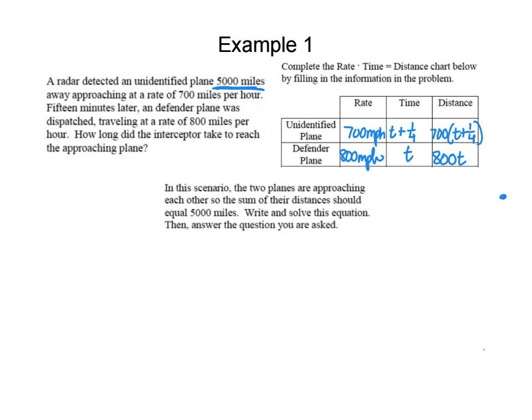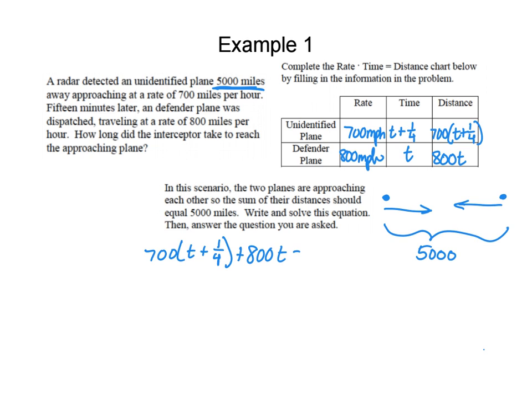So I want you to imagine this unidentified plane is approaching this direction, and then I have my defender plane approaching that direction. The whole distance between the two starts at 5,000 miles. That means that if I add the distances each travels together, it should be equal to 5,000. So the equation in this case would be 700 times (t plus 1/4) plus 800t equals 5,000.